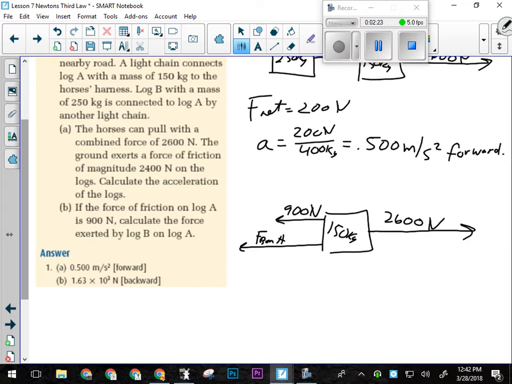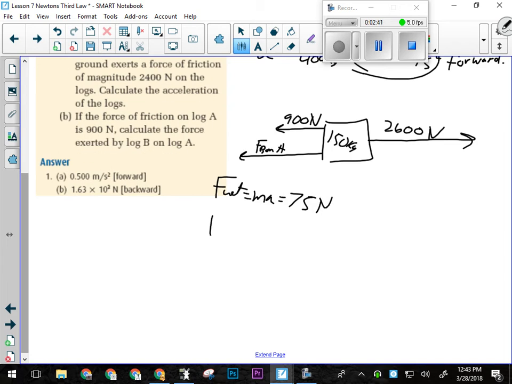So can I calculate the net force on this log using this number? Mass times acceleration, right? So that's my next step. The net force on log A will be mass times acceleration, so that'll be 75 newtons forwards. I can also calculate net force using the sum of all forces. So F net will be the tension in the chain, 2,600 newtons, plus the force of friction, negative 900 newtons, plus the force of B on A, which is what we're looking for.